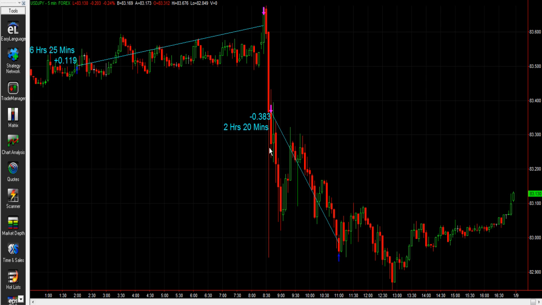We decided to sell the USD JPY pair, and we sold it at the end of the 5 minute news candle for a total of about 38 pips. So that was it, folks, for Friday. We had two trades, both of them winners, and in all we made about 50 pips.